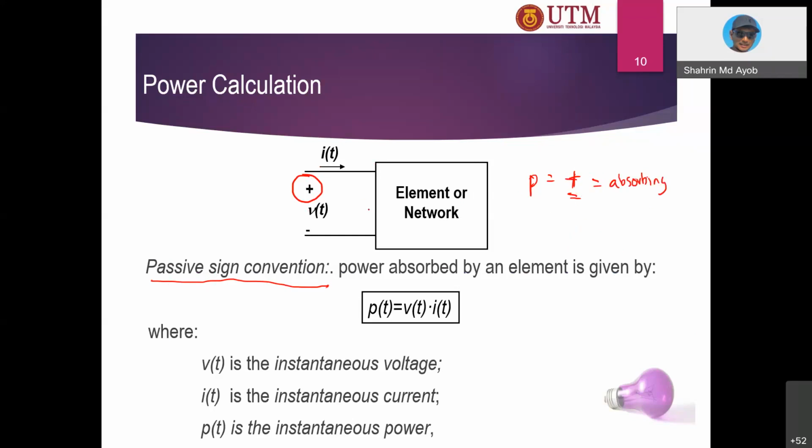So for the AC circuit, we know that the voltage changes instantaneously with time, and so does the current. So we have v(t) and i(t). The power absorbed by the element, we can calculate: p(t) is the instantaneous power. Instantaneous power is equal to v(t) multiplied by i(t).